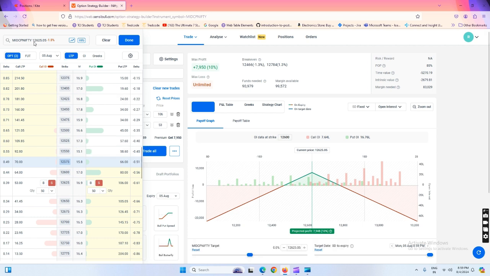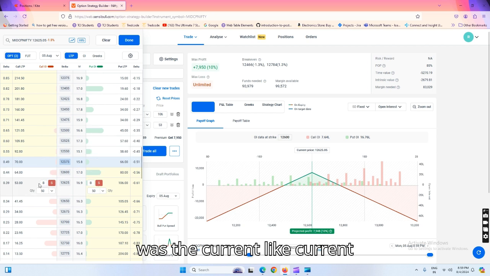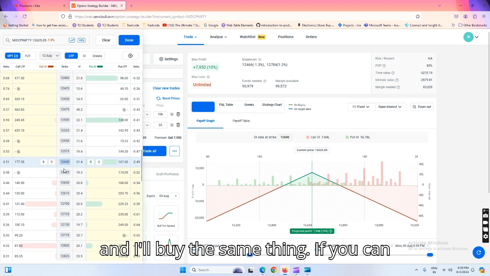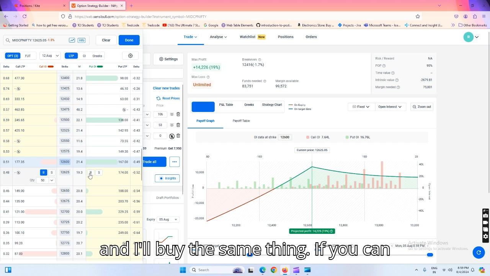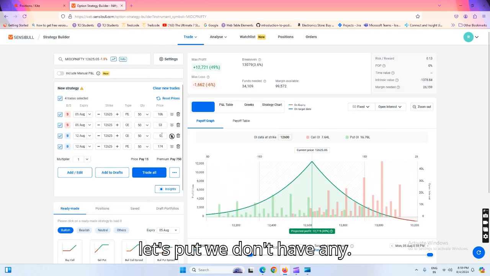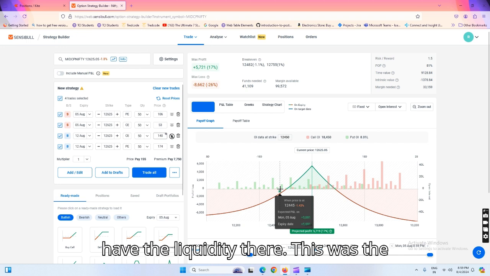Suppose, as you can see here, 12,625 is the current market price. This is the current at the money strike price, and in the next week I'll go and buy the same thing. If you can see, this is the strategy. Let's take 150 here because we don't have the liquidity there.